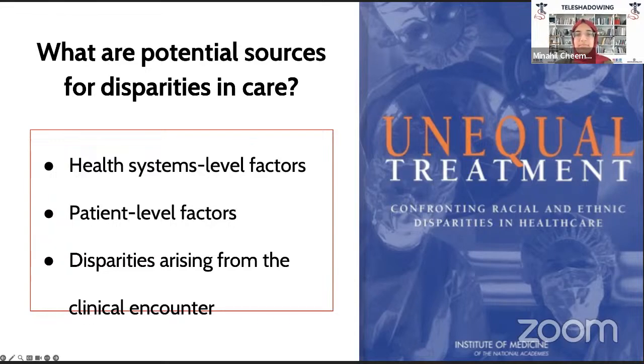Sometimes patients have poor adherence. Sometimes they're not able to adhere to medication regimens. Like I said before, sometimes they can't afford it. It's not necessarily that they're non-compliant. So this is a new terminology that we've introduced, that they're non-adhering, not non-compliant. And then sometimes there are disparities arising from the clinical encounter itself that we'll explore more.